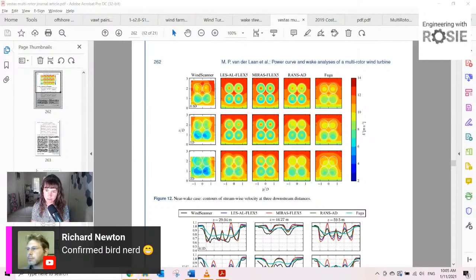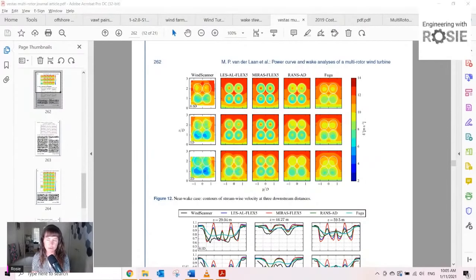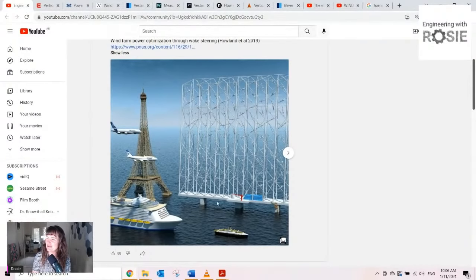Okay, so let's move on now to wind catching. So this is the wind catching system. It's an array of, I can't remember the number now, I don't know, 50 or 100 or something smaller wind turbines. When you zoom in, it looks like they're two-bladed wind turbines.